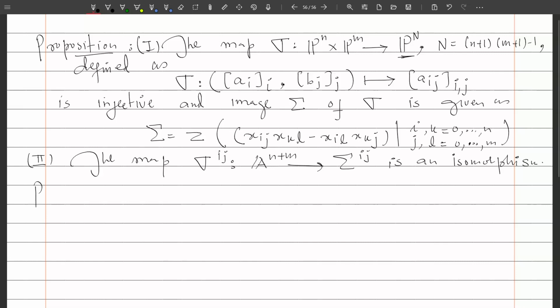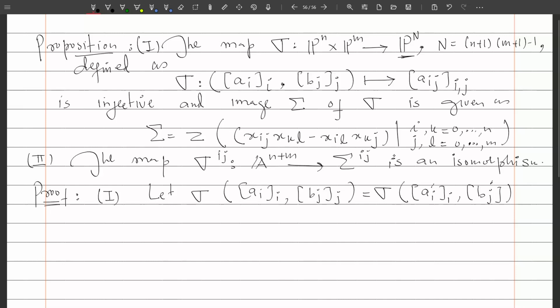So let us prove first. To prove sigma is injective, we start with, let sigma of the point, say, a_i and b_j, suppose this is equal to sigma of a_i' comma b_j'. So this is true.